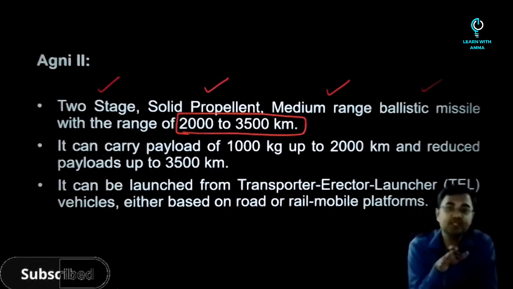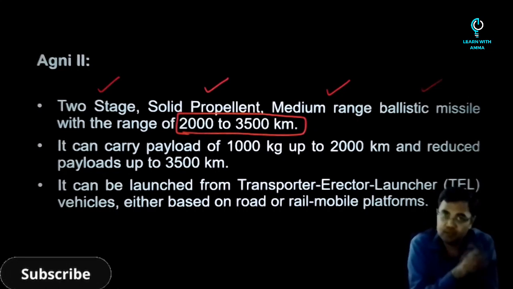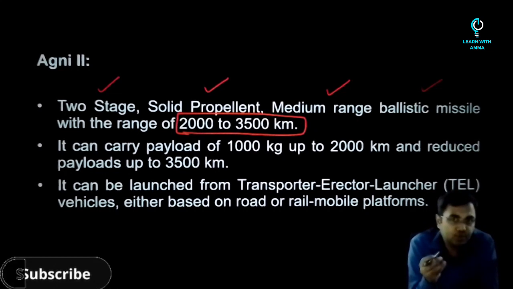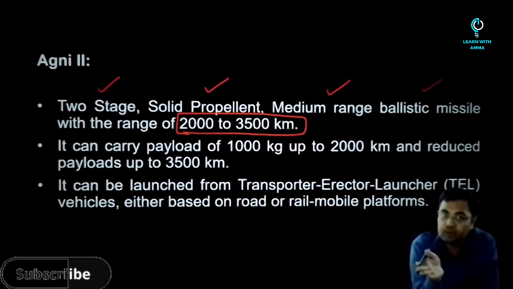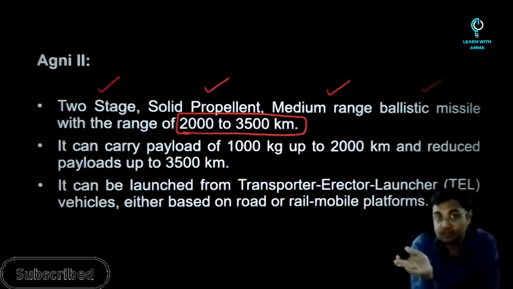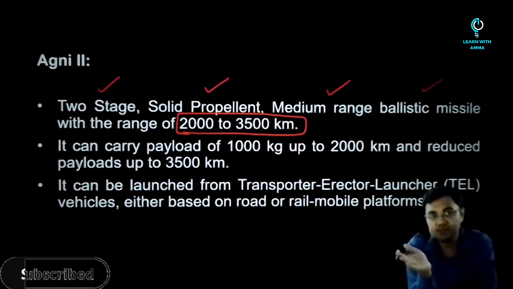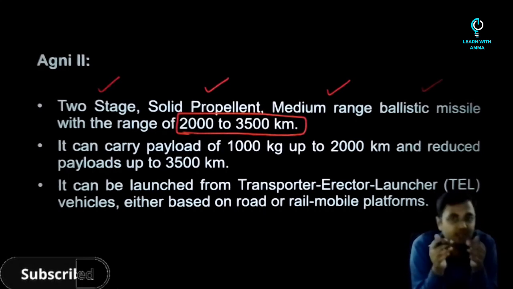Now one thing that you will see is, if you go to various sources, the range will not be defined as I have defined here. For example, at some sources you might see that the range has been defined as 2500 to 3500 kilometers. Sometimes you will see that it has been defined as 2000 to 3000, sometimes 2000 to 4000. But in this range it will be defined. You will see that in many places this is the range that will be given.